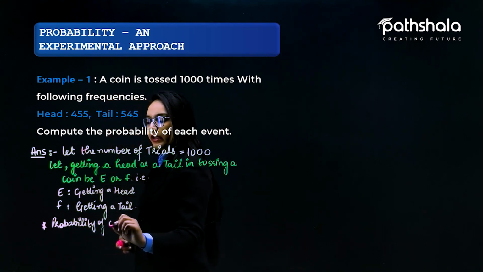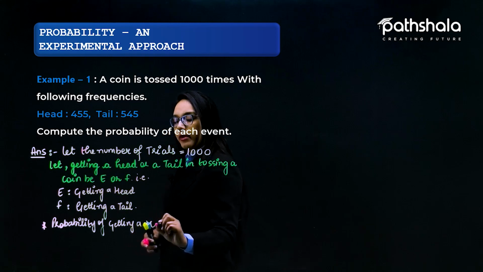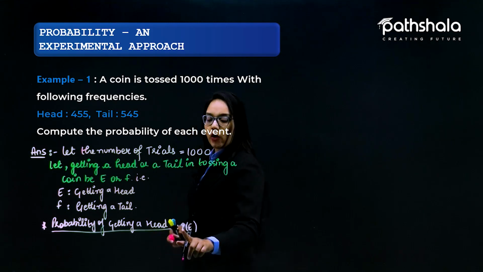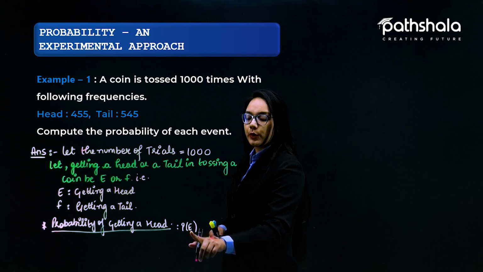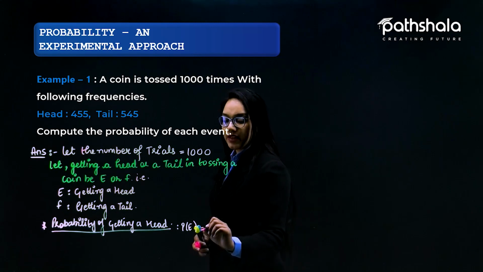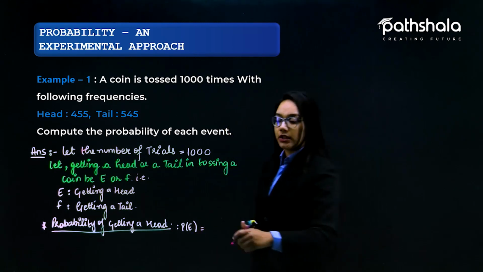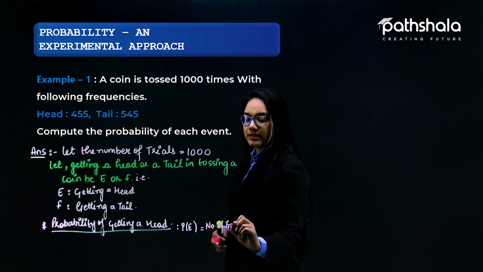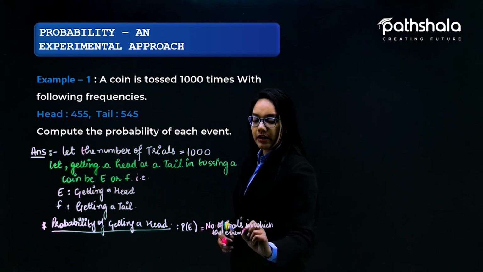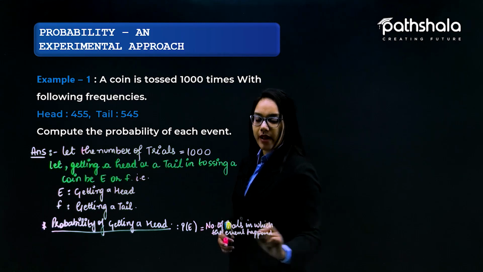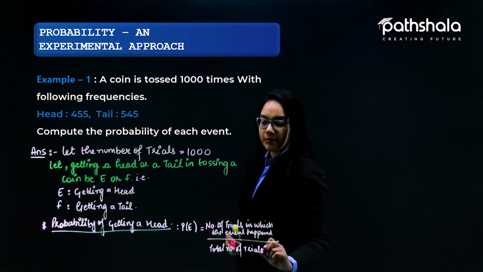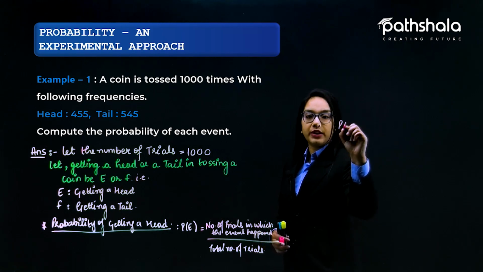It is of the type P of E, because getting a head is denoted by the event E. So the probability of E is equal to the number of trials in which the event happened divided by the total number of trials.